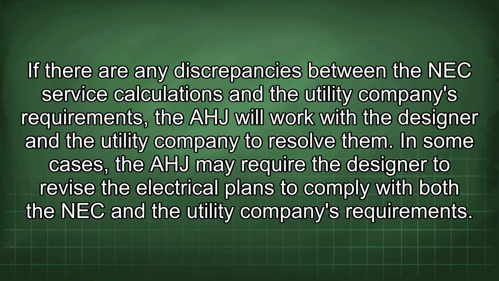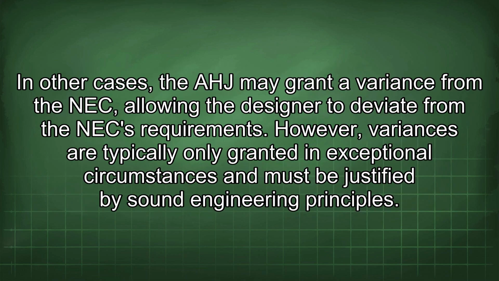In some cases, the AHJ may require the designer to revise the electrical plans to comply with both the NEC and the utility company's requirements. In other cases, the AHJ may grant a variance from the NEC, allowing the designer to deviate from the NEC requirements. However, variances are typically only granted in exceptional circumstances and must be justified by sound engineering principles.